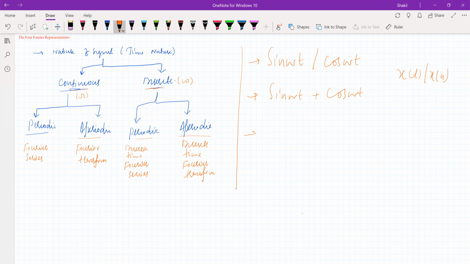Or we can also use e raised power j omega t. That's for a continuous time signal. If it's a discrete time signal, we'll use e raised power j omega n.